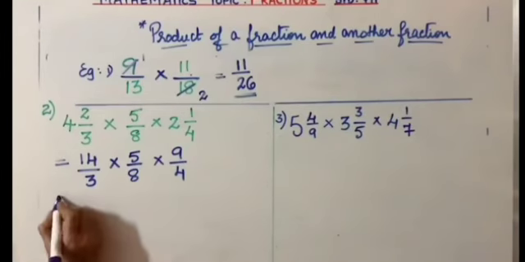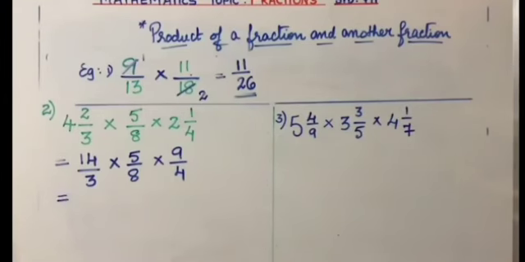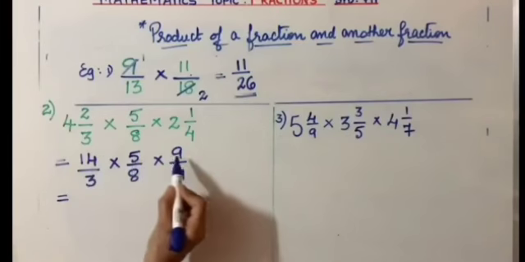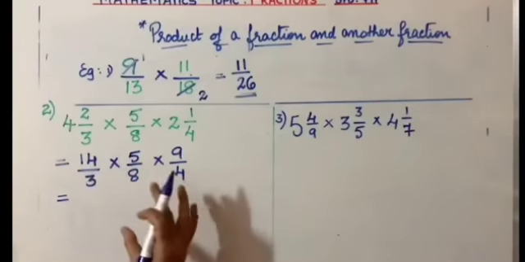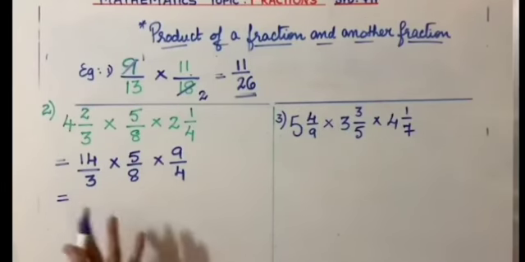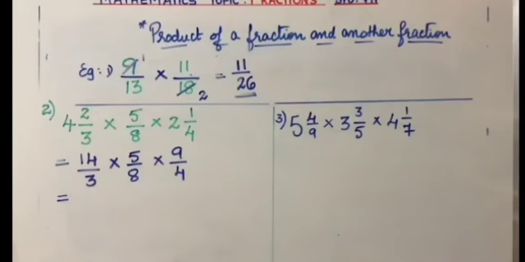So, here what does the rule say? Multiply the numerators and then the denominators. But before that, we have now learned how to simplify our problem and then multiply. Now see what you can simplify here. Check first the same fractions. If not, check if you can cancel with the other fractions.